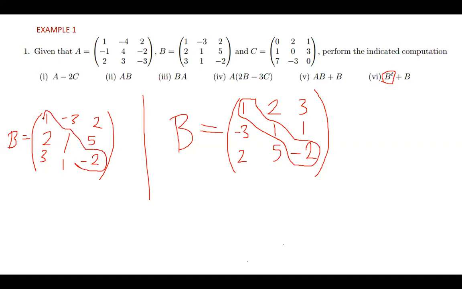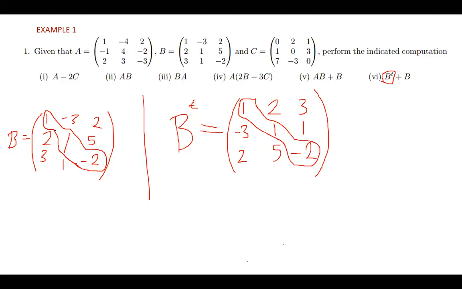So if you discover that these two diagonals are different, just know that you've made a mistake somewhere. So this is how you check whether your transpose is correct or wrong. So this is B transpose. In short, you just change all the rows into columns. That's all. That's the simplest definition of a transpose.